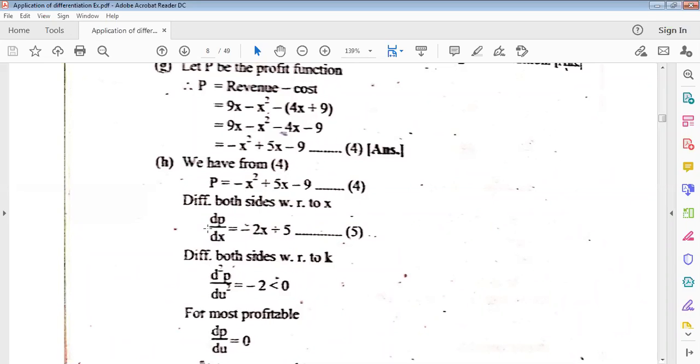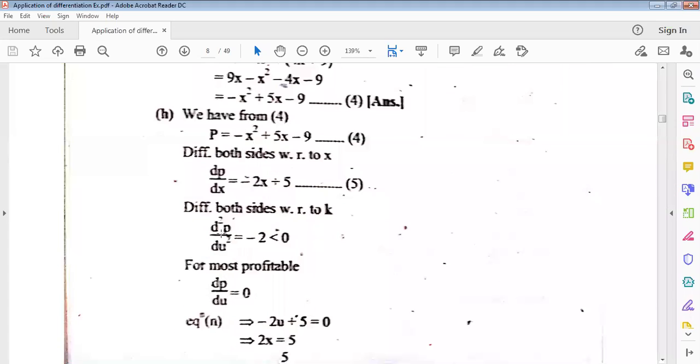Now differentiating this P with respect to x, dP/dx. Differentiation of minus x square will be minus twice x, and x differentiation 1, this only 5 will be 0. dP/dx will be this. Again differentiating, double differentiation, d square P by dx square, what will be? Only minus 2. X differentiation, what? 1. But this minus 2 is negative.